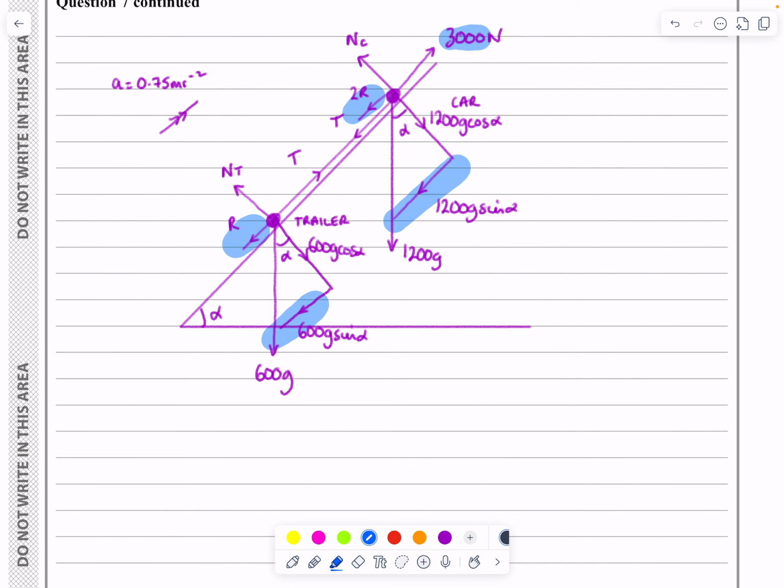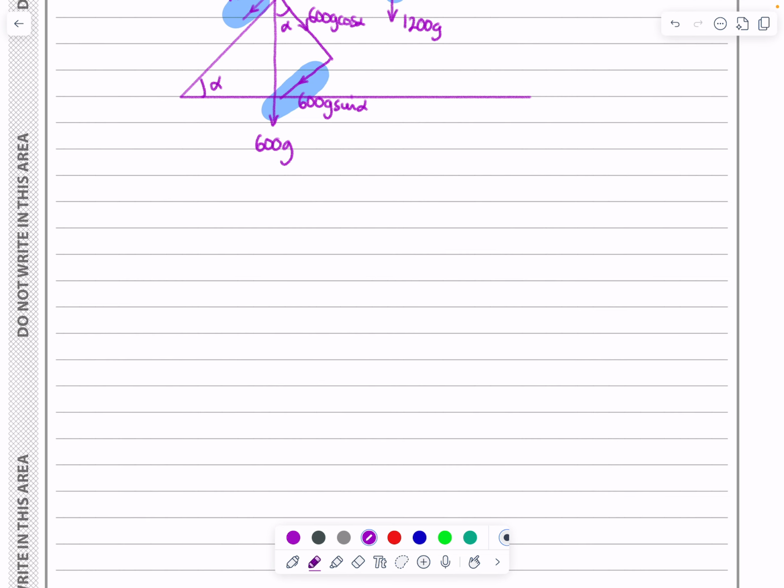So I'm going to consider the system as a whole first of all. Pretty standard for these types of questions: you consider all of it, then consider one of the two options. So resolve parallel to the plane.